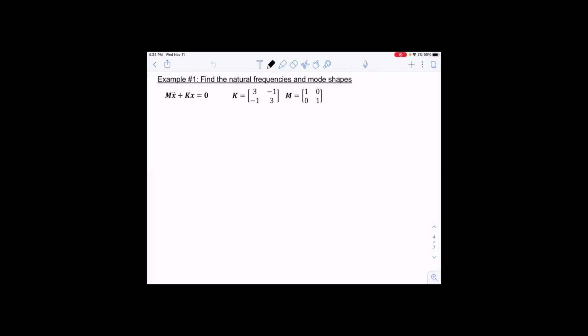So here you have a second degree of freedom system. So your M and K are just 2 by 2. This example asks us for eigenfrequency, for natural frequency and mode shape.